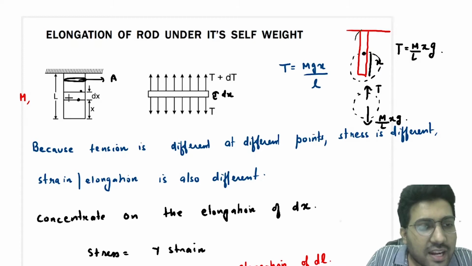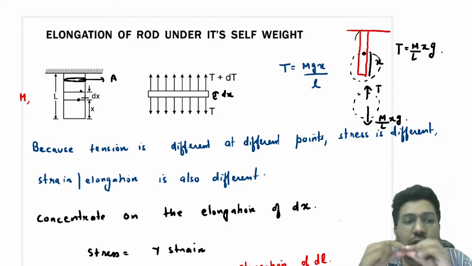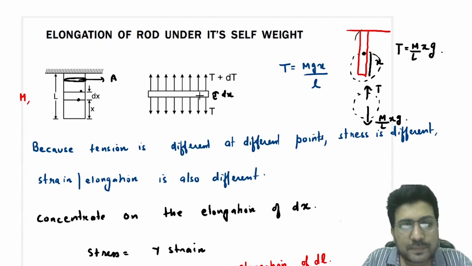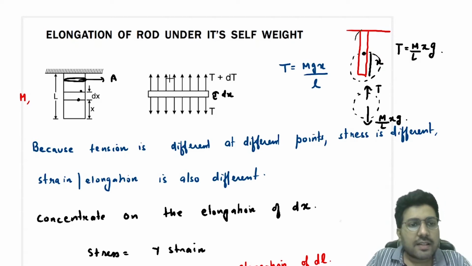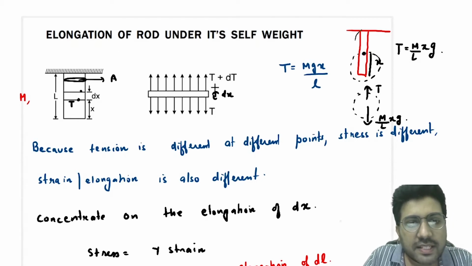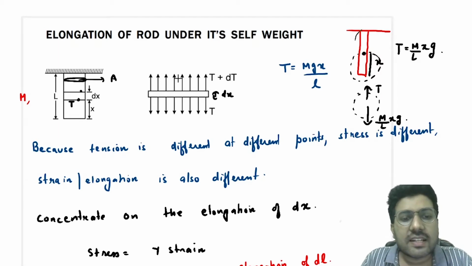I have shown it large here, but this is a very, very small width dx. We are drawing this dx width separately. Suppose the tension here is T, then the tension at x plus dx will be T plus dT.